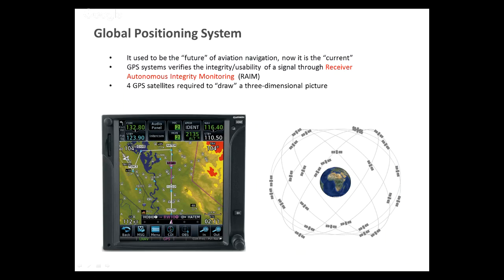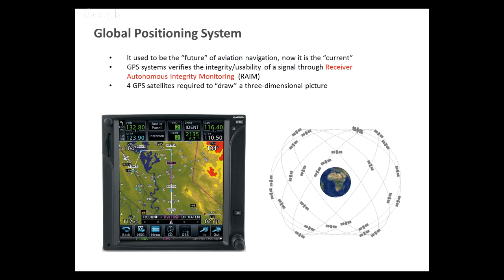For instance, this Garmin 750 that's on the screen has what's called RNAV1 capability, which means it's so precise that you can use it for instrument landings. It's accurate to like half a foot. So you want to be able to recite the RAIM acronym, Receiver Autonomous Integrity Monitoring, which is the way the GPS tells how accurate it currently is.